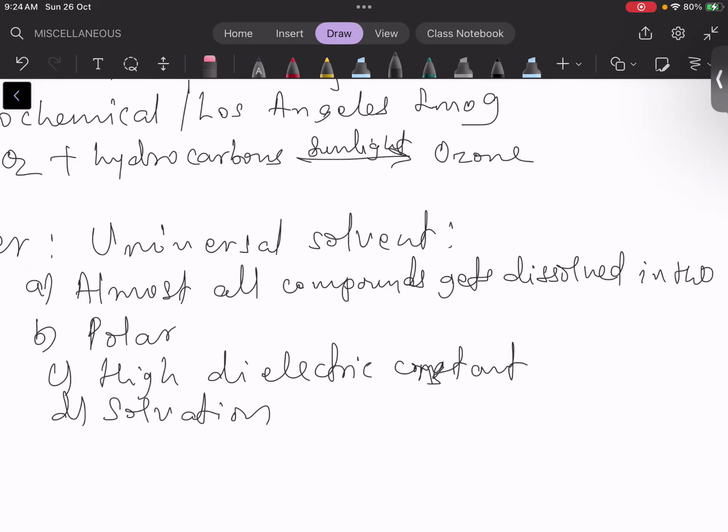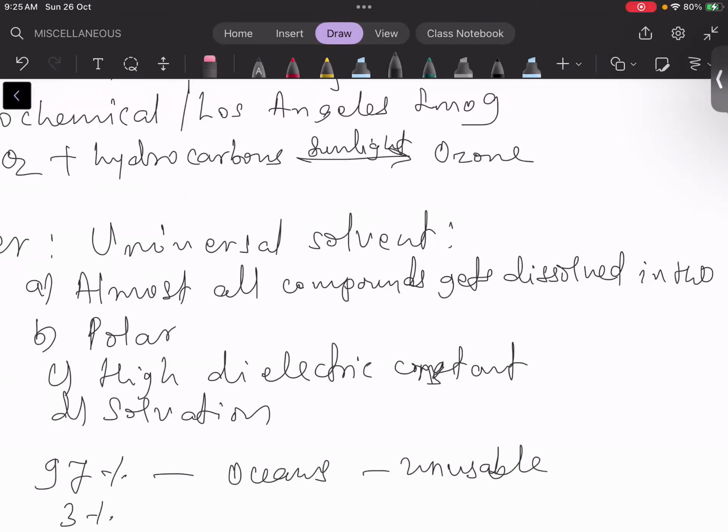Okay. Now, generally 97% of water is found in oceans, which is unusable. Oceans, seas, and so on.